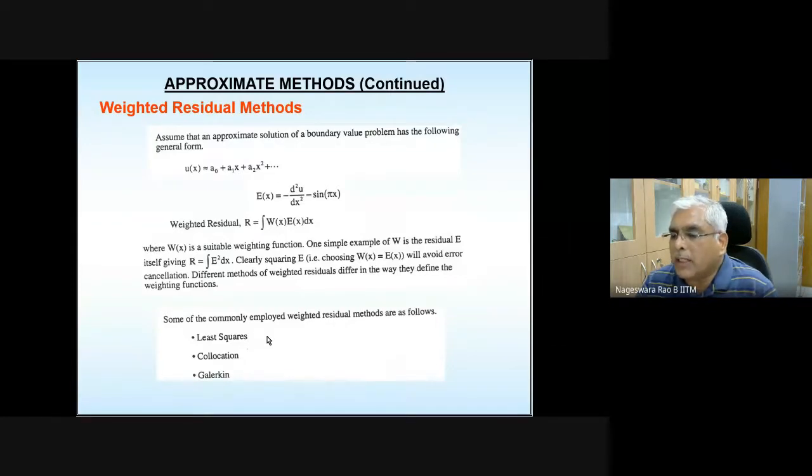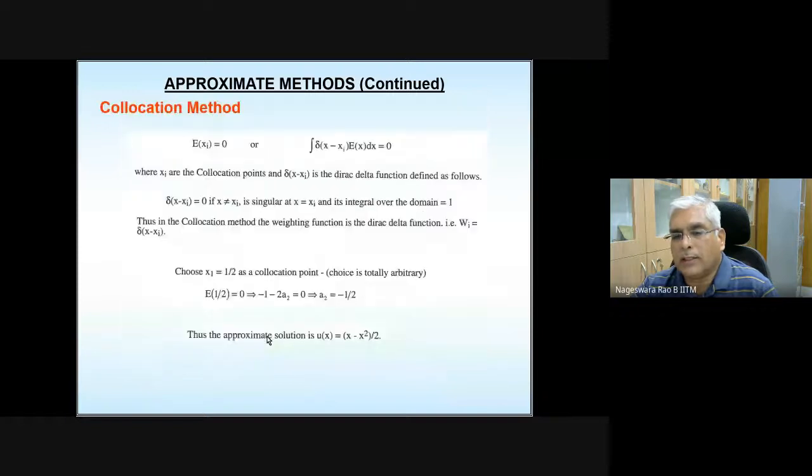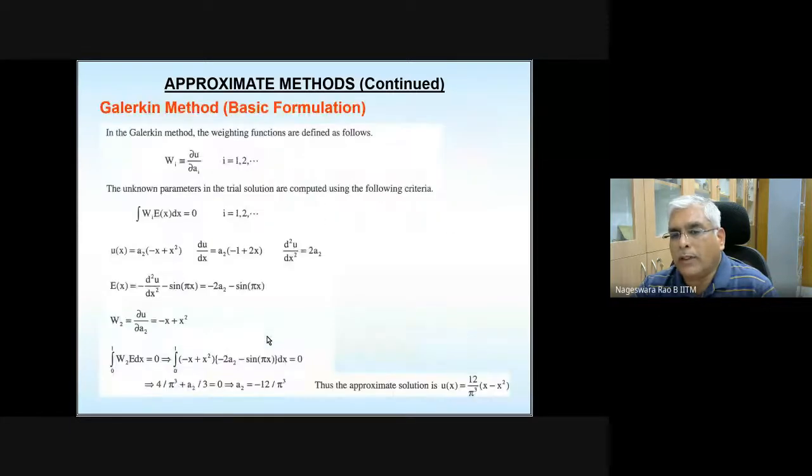And Galerkin method is superior to the rest of the methods. That's why finite element method is based on Galerkin under weighted residual. Under weighted residual methods, Galerkin is the champion. Any questions here? No questions?